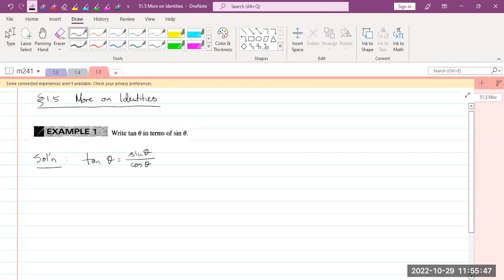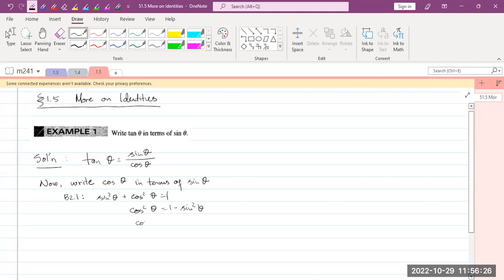Now, what we can do next is write cosine theta in terms of sine. Now, we know that sine squared theta plus cosine squared theta equals 1. I hope you remember that. So cosine squared theta is 1 minus sine squared theta.